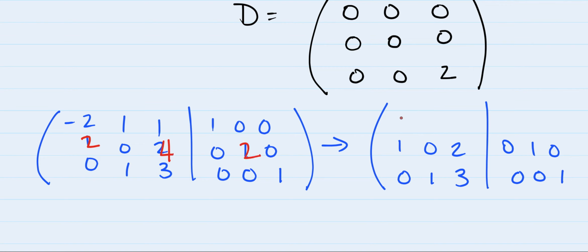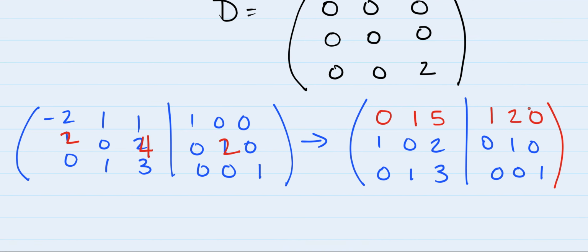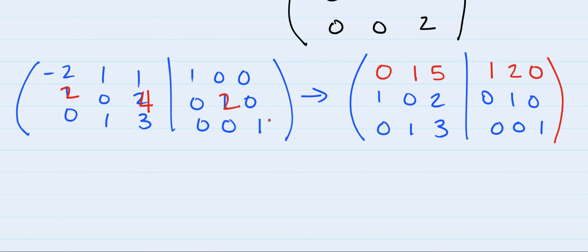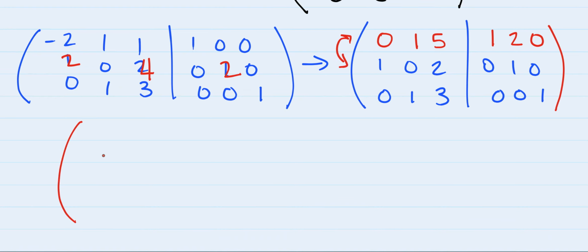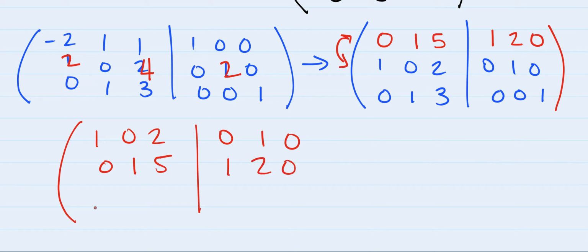So we get 0, 1, 5, 1, 2, 0. And then I am going to switch these two. So I get 1, 0, 2, 0, 1, 0, 0, 1, 5, 1, 2, 0, 0, 1, 3, 0, 0, 1. Just make sure I didn't do anything bad here. I think we're okay.